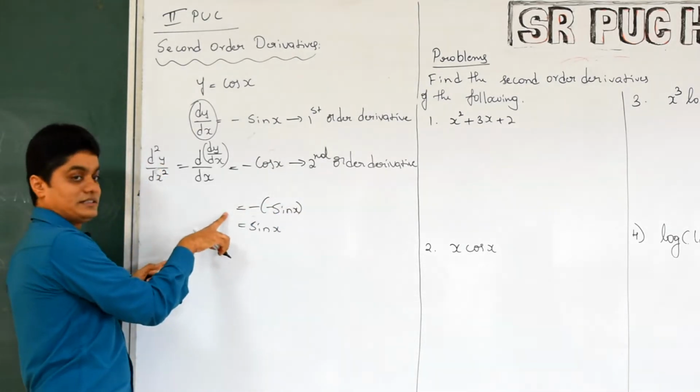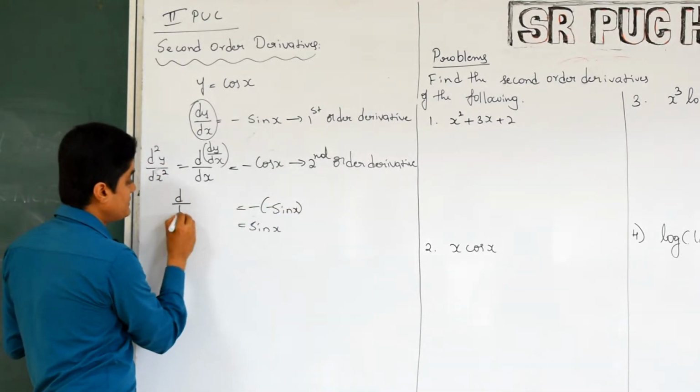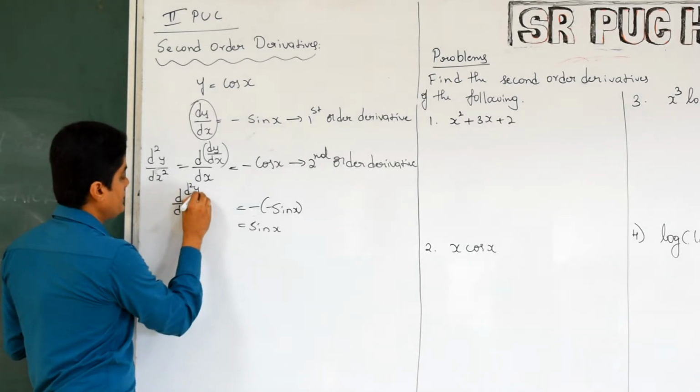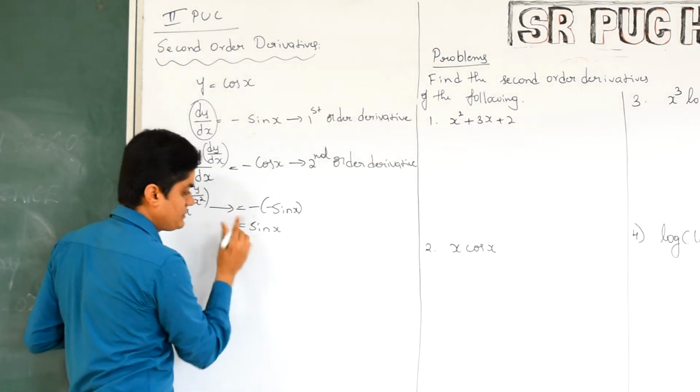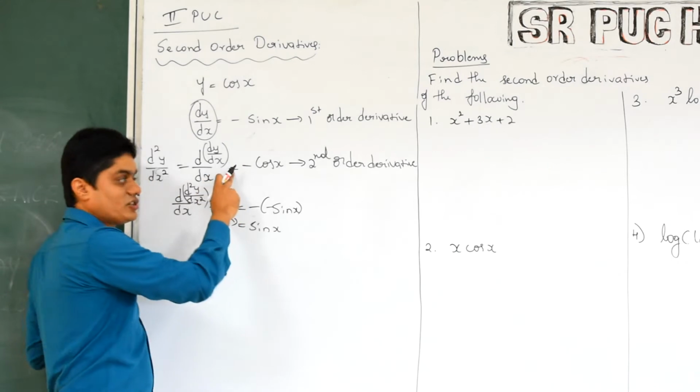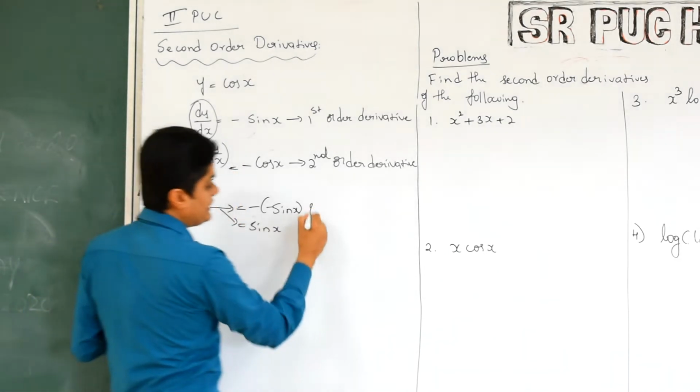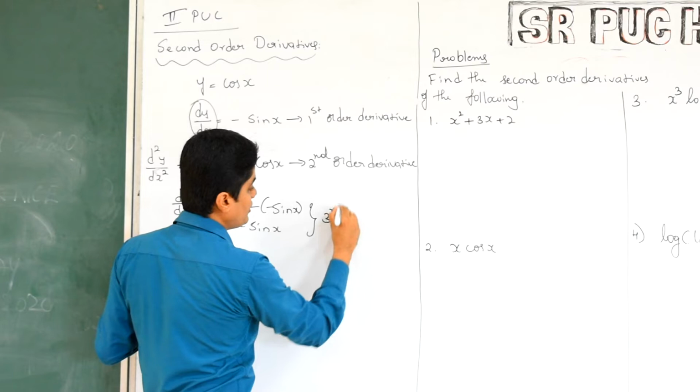Now what we did in the third step: we differentiated the second order derivative, that is d by dx of d square y by dx square. When you differentiate this, you got plus sin x. If this is called second order derivative, what about this? Definitely this is called third order derivative.